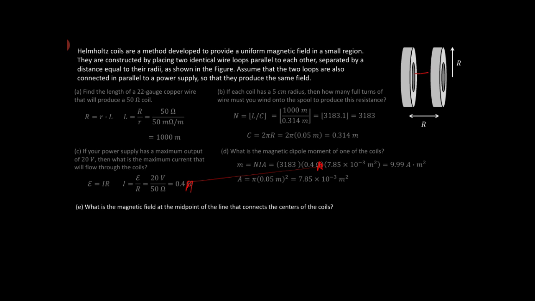So now we want to find the field here. Now remember, we have a magnetic moment from this, and we have a magnetic moment from this, which means the field here will be the field from 1 plus the field from 2, and they're actually both going to be the same number, right? Because this is half a radius back and this is half a radius forward.